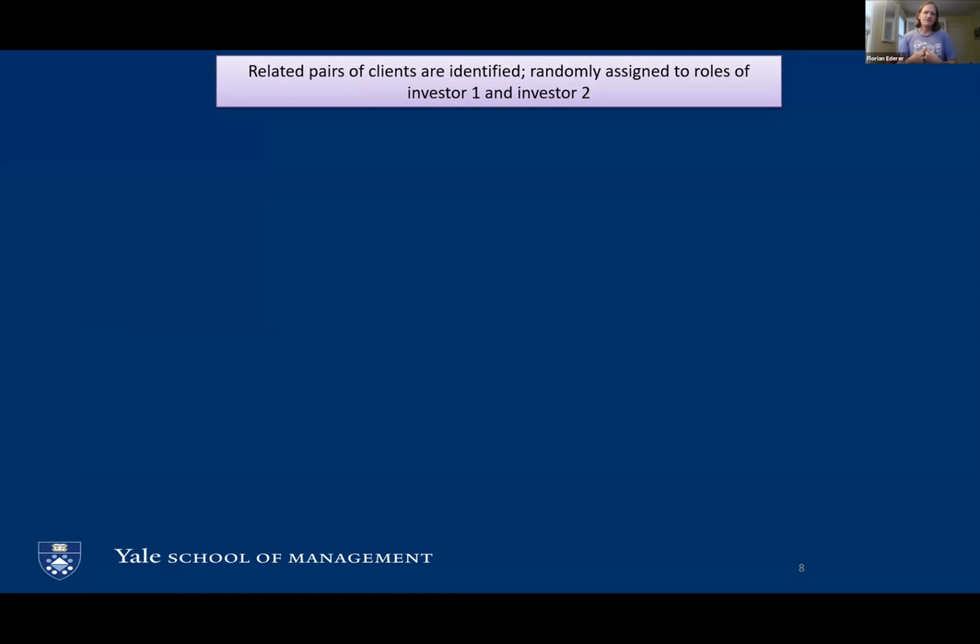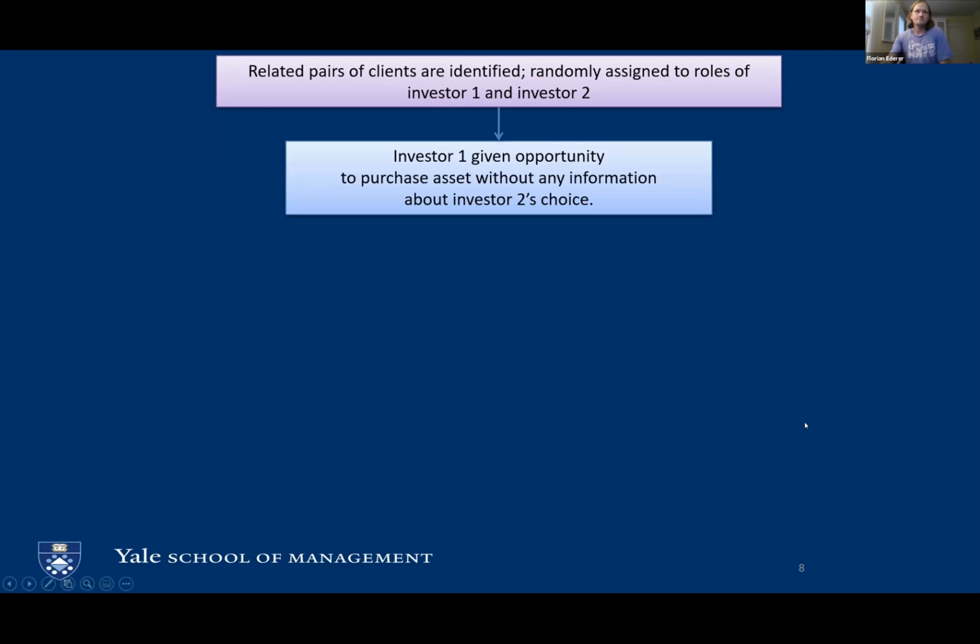They had kept track of the referral scheme, and they knew from that also whether somebody was a family member or a friend or a work colleague and so on of the person that they referred. In some way, those two people were connected. So these were the related pairs of clients that I identified, and we randomly assigned them to roles of investor 1 and investor 2.